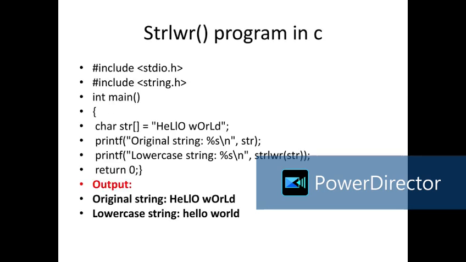strlwr, converting the string to lowercase. strlwr converts all characters in a string to lowercase. #include <stdio.h>, #include <string.h>, char str[] = "HELLO WORLD"; strlwr(str); printf("Lowercase string: %s", str); Output: lowercase string hello world.